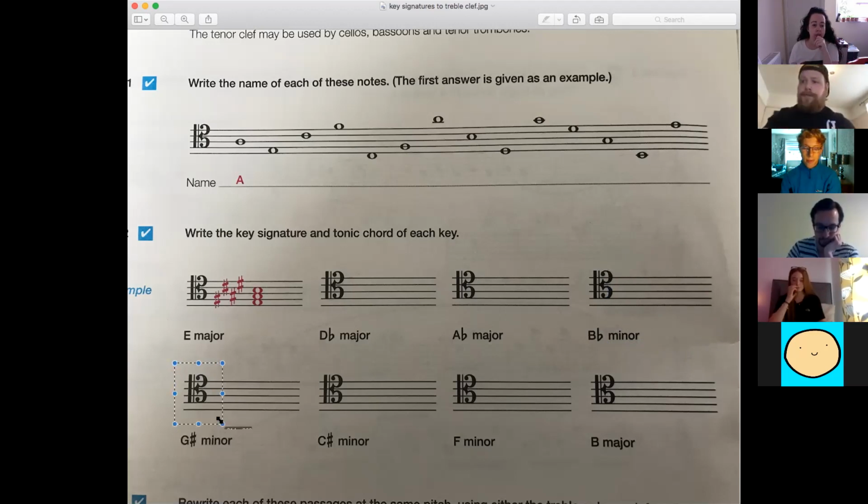So this time, we're in G sharp minor. We want to find the major, so we're going to count up. So we'd have G sharp, and then we'd have A, and A sharp, then what would be next? B. So it's the same as B major. How many sharps has B major got in it?